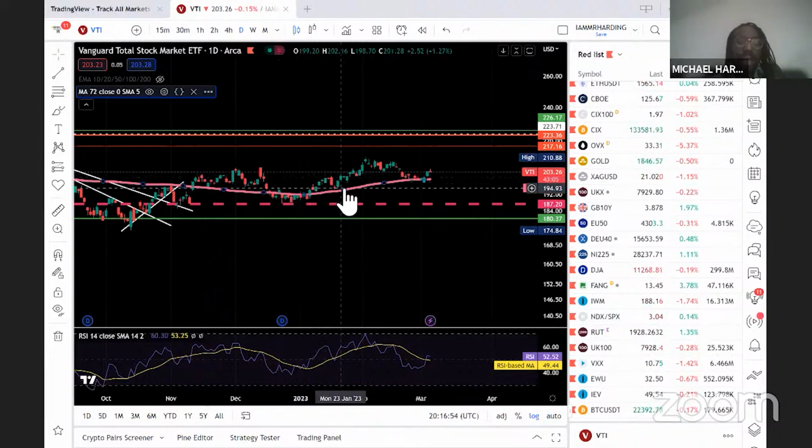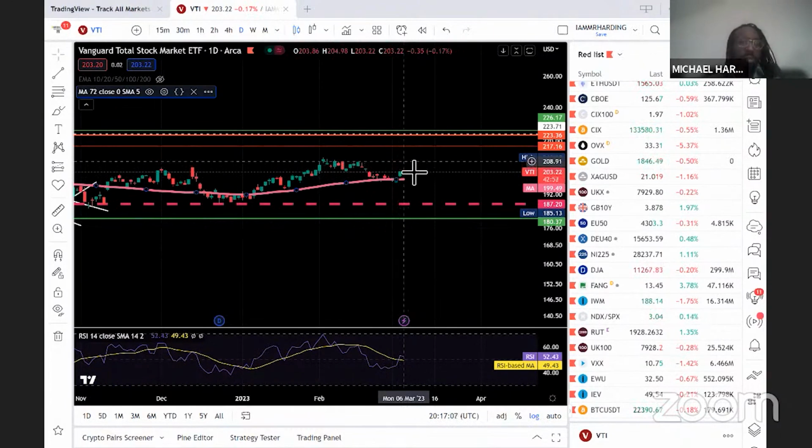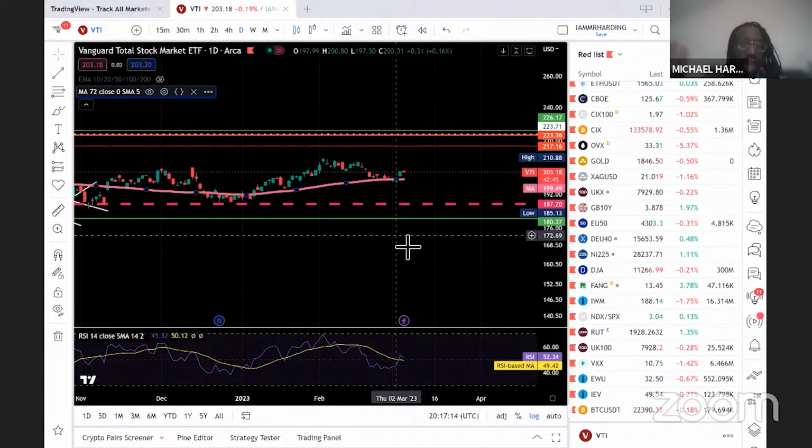Now, what we have to bear in mind is at the end of the day, the people don't move the markets. What moves the markets is the whales. And if they are like, oh, you know what? Screw this 72 moving average, screw this 200 moving average, I'm selling 500 million or 500 billion of this asset, it's going to go, like, all TA goes out the window.